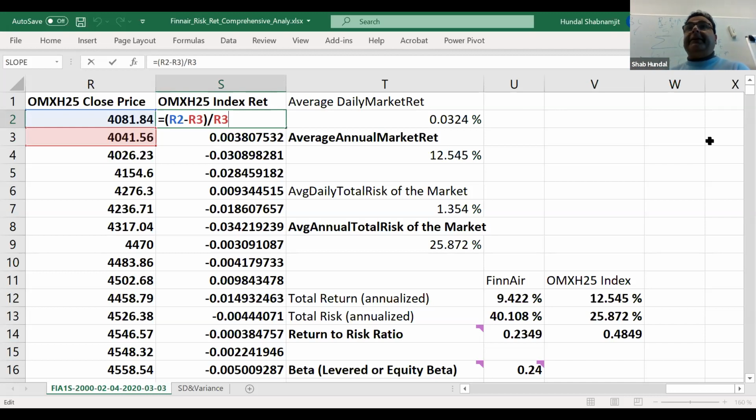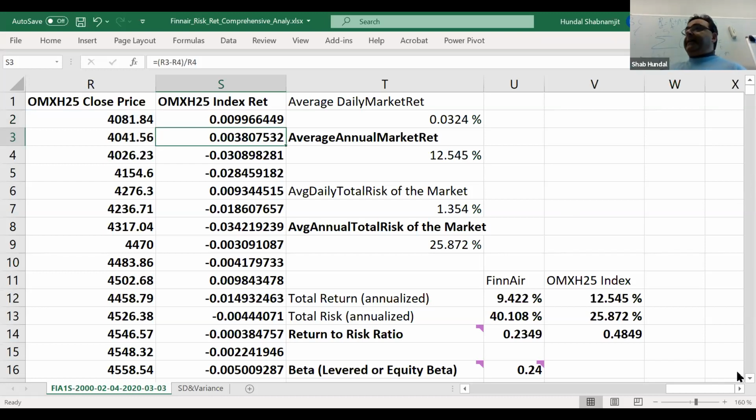If you don't put the brackets, it will be a big mistake, believe me. So use the brackets very carefully, because if you don't put the bracket and you write like this, R2 minus R3 divided by R3, basically this will be cancelled, so you'll have R2 minus 1, which is totally wrong. So put the brackets carefully.